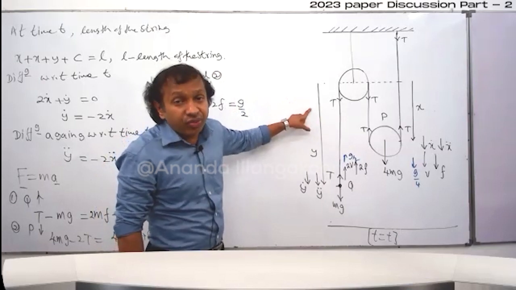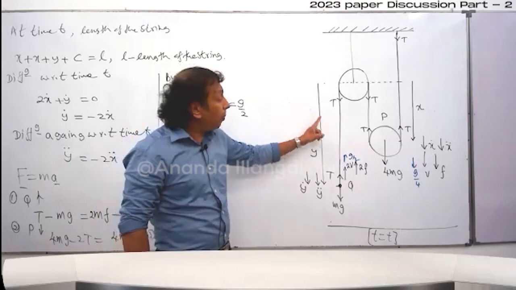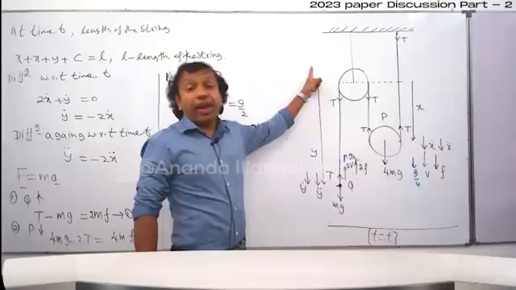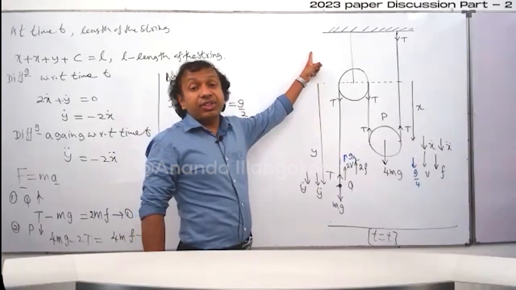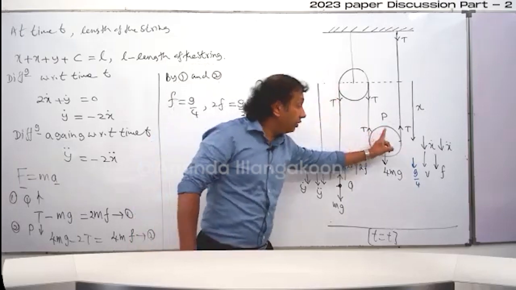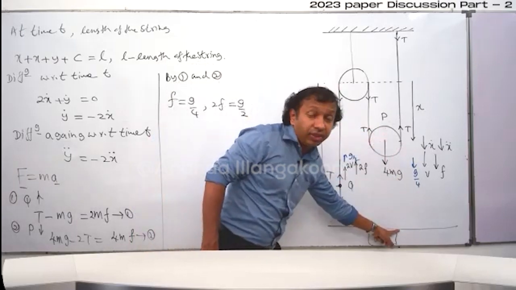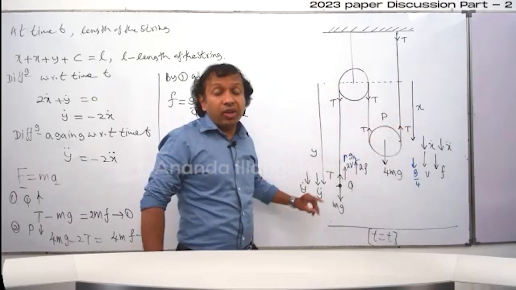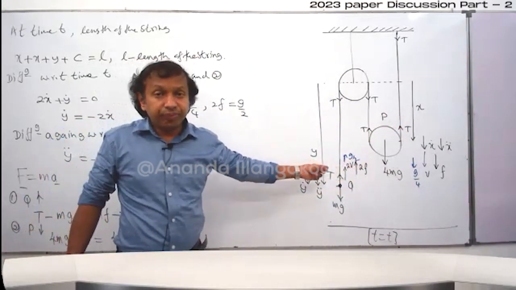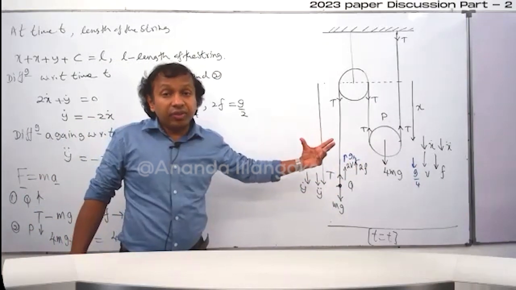With that initial velocity 2v, the particle Q begins to move under gravity as retardation g. Why? No longer, after stopping this particle P here, will this particle and this particle get the previous acceleration that we found. Why? In order to get that, people, both must move.